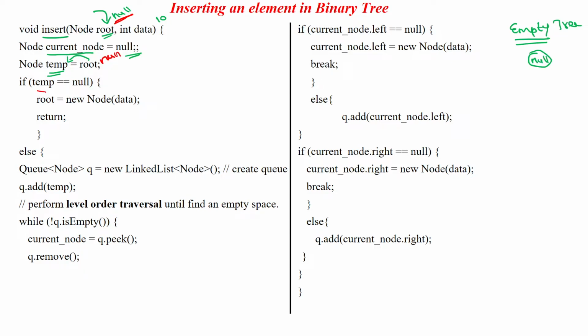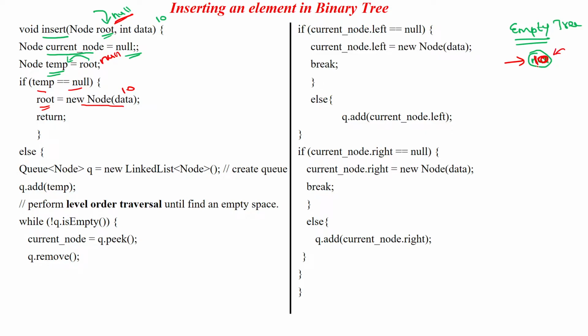If temporary equals null, which is true now, then with the data 10 we create a node, and that 10 is assigned as the root. The null value is replaced with 10, so 10 is my root node. I have inserted the value 10, which is now acting as the root.